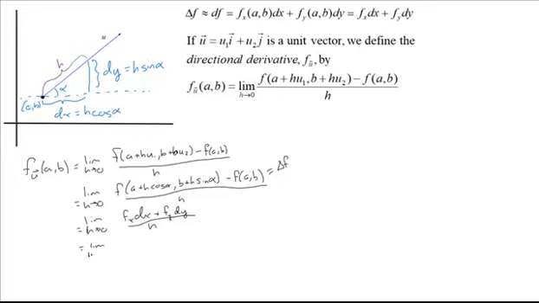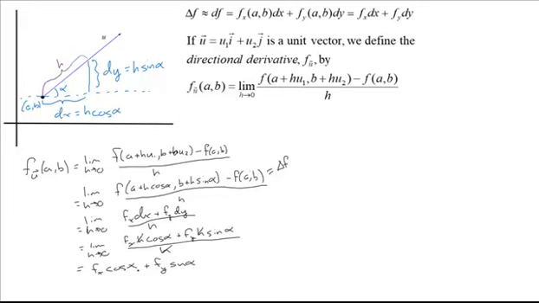So we have the limit as h approaches 0 of f sub x h cosine alpha plus f sub y h sine alpha, all over h. And what's really nice now is our h's cancel out, allowing us to take the limit. So it turns out this is equal to f sub x cosine alpha plus f sub y sine alpha.